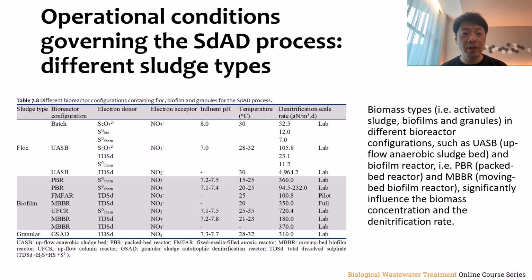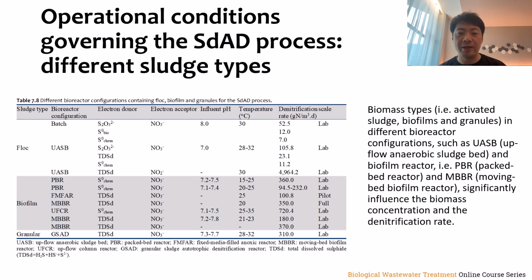It is important to maintain high biomass to improve the sulfur denitrification rate. Biofilm reactor is proven to be robust and perform well in sulfur denitrification.